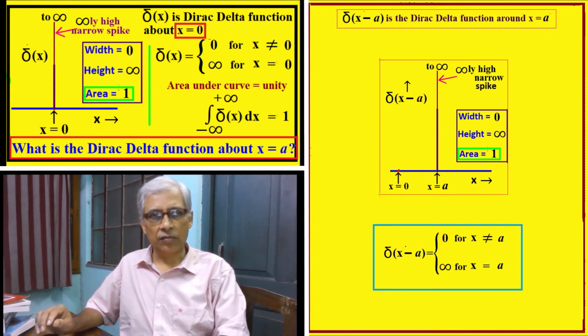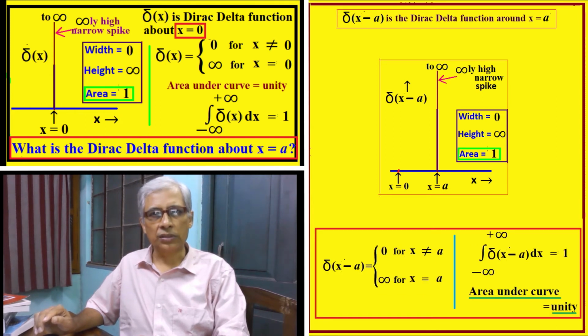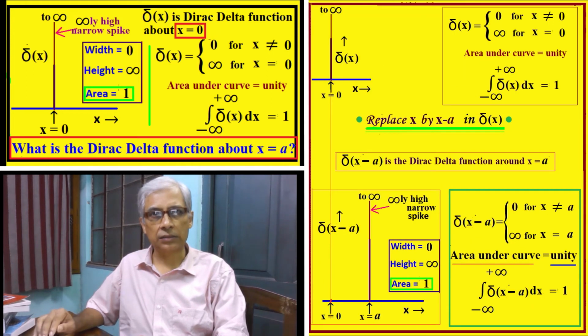Note that for x not equal to a, the value of Dirac delta function is 0, and at x equal to a, it is infinity. Also, the 0 width and infinite height are coordinated in such a way that it gives the area under the curve to be unity, as in the previous case.